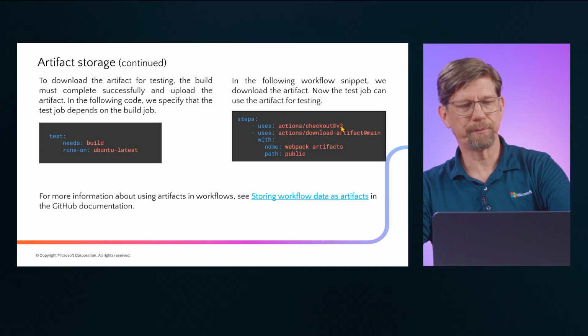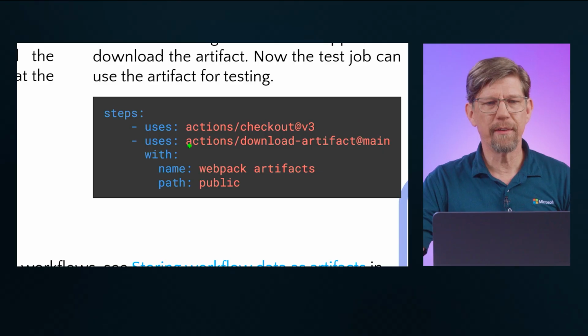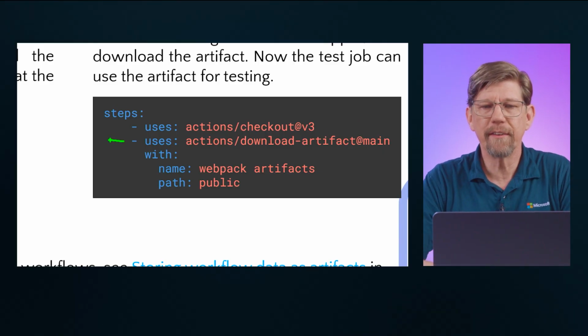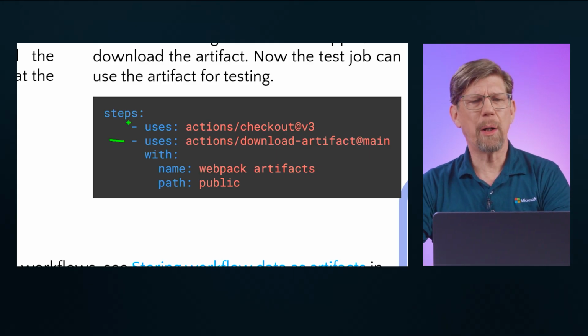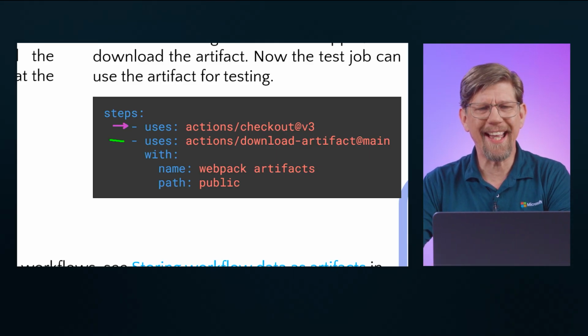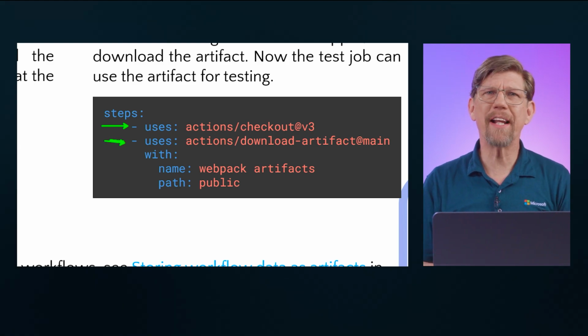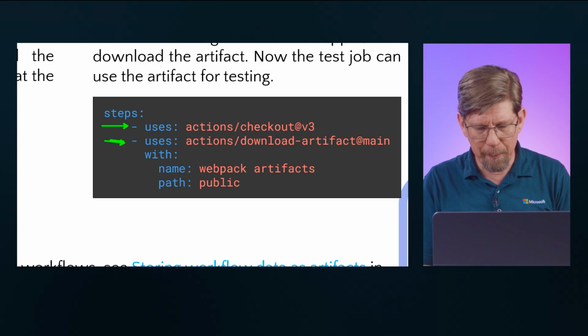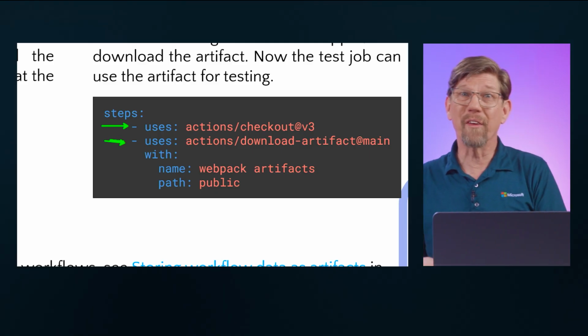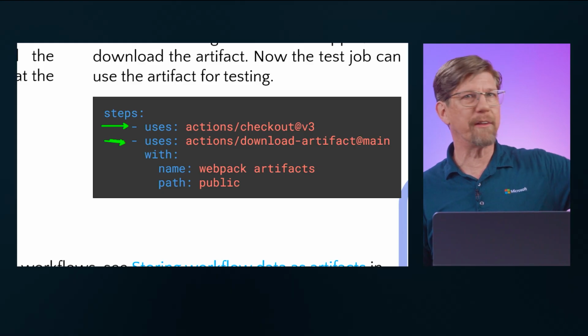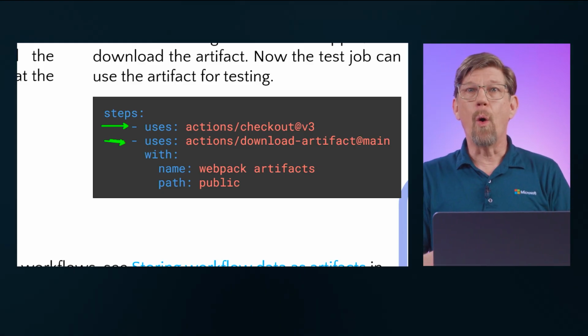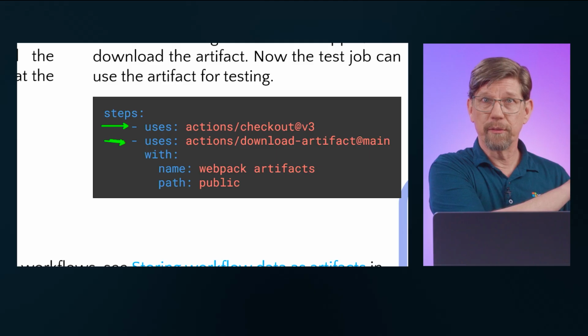So our next step is to download. Now, in this particular job, we are doing both a checkout and a download. That may or may not be necessary. In many jobs, you will be doing one or the other: downloading the artifacts that have been previously created, or checking out your source code.